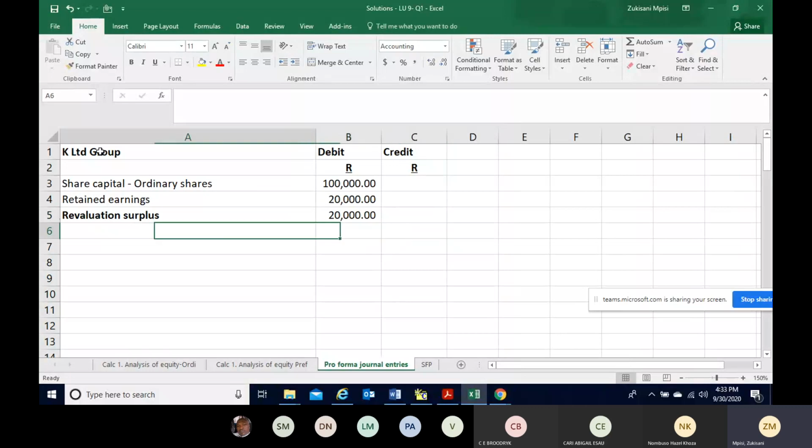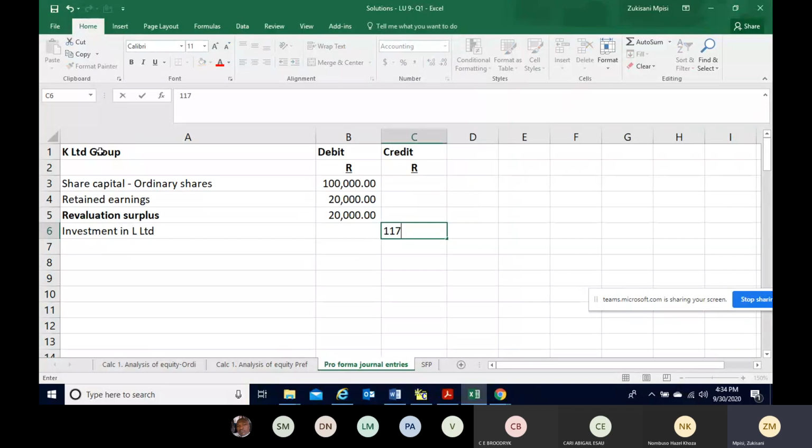Then we've got investment in LLTD, which is 117,000.